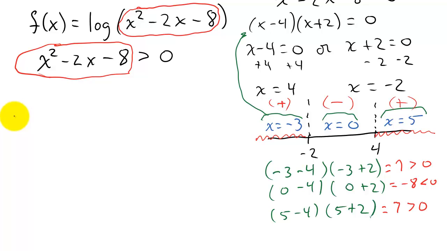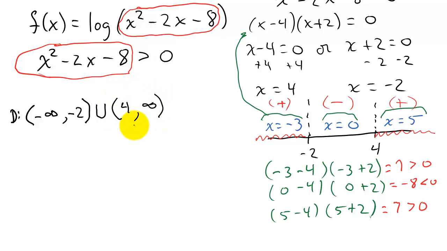To write my domain, I have everything from negative infinity to negative 2, and that's a parenthesis because it's not or equal to, so the negative 2 is not included, or everything from 4 to positive infinity. There's a parenthesis on the 4 because it's not or equal to, so the 4 is not included.